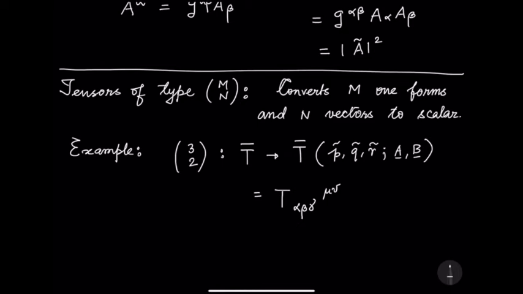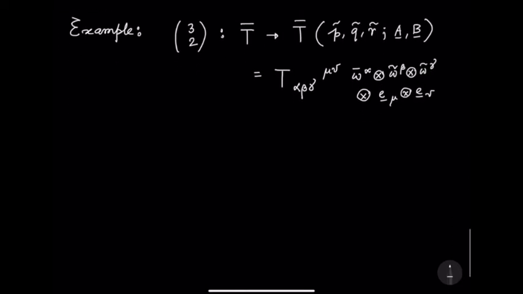And then I write the one form basis first, and then the two basis vectors. Okay, so that is the whole complicated way of writing the tensor.